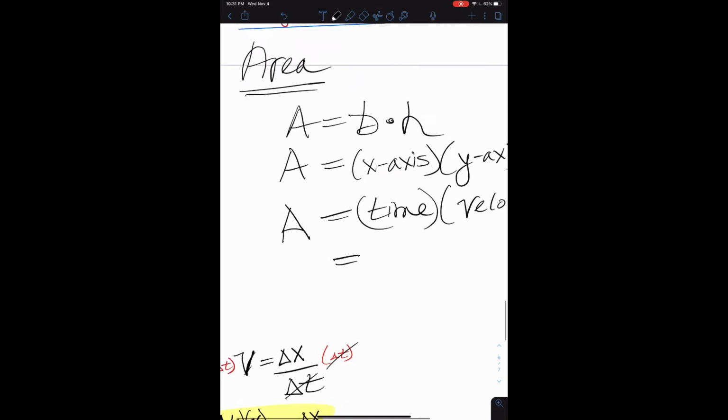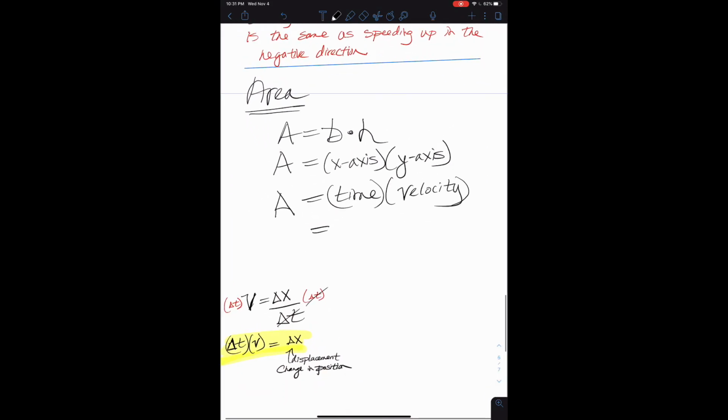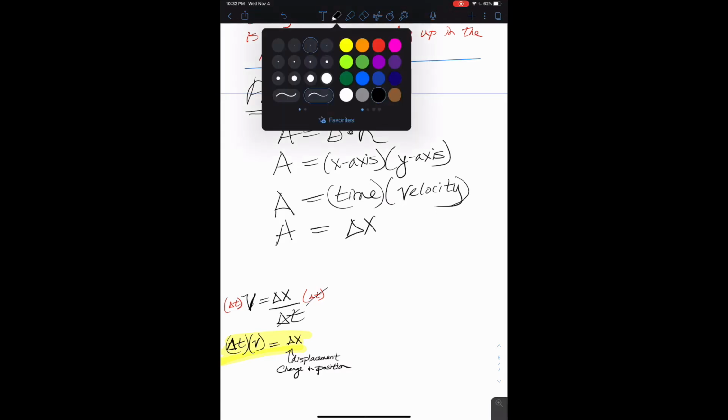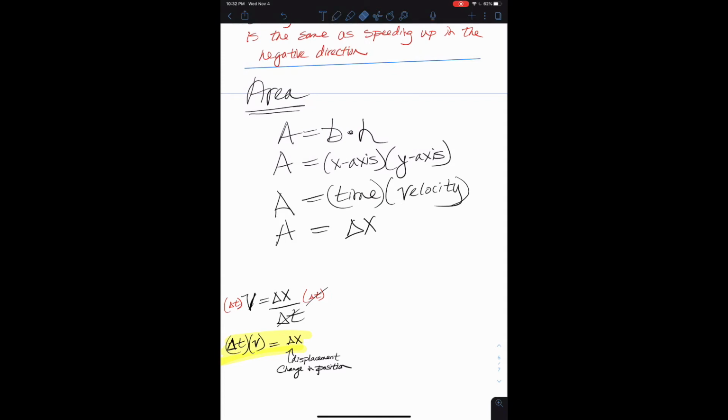Let's go back up here and look at that. So I'm saying that the area is equal to delta x. Can I prove that with units? Yeah. Let me rewrite it down here.